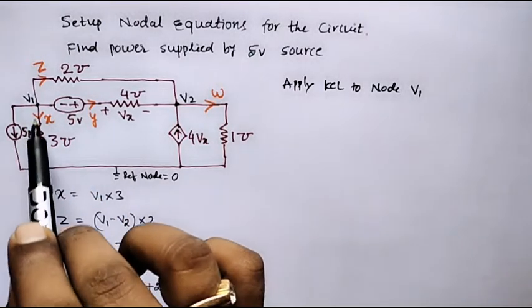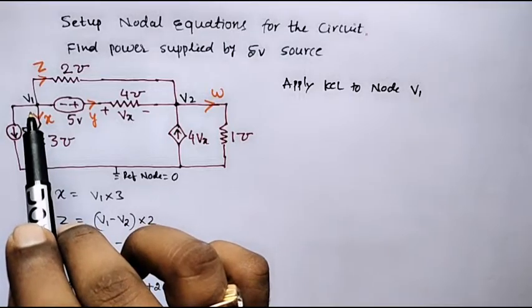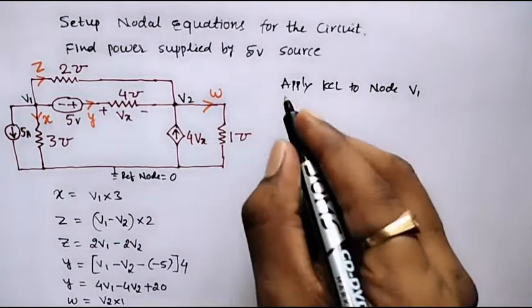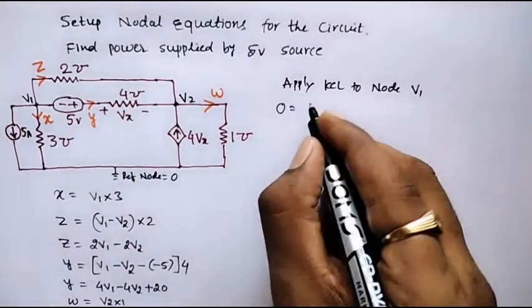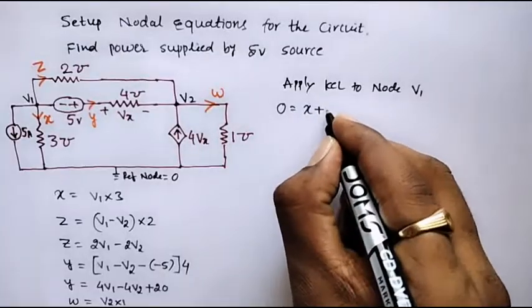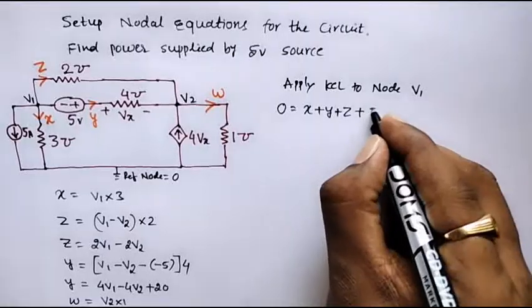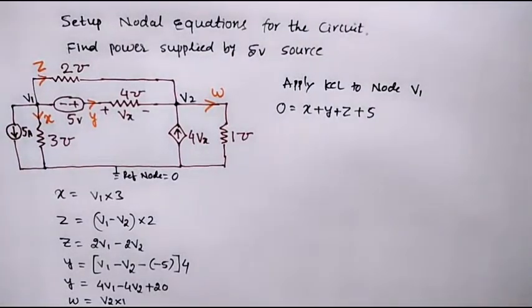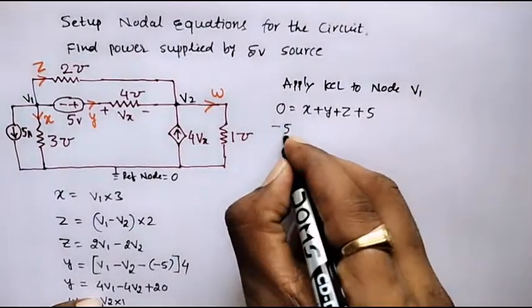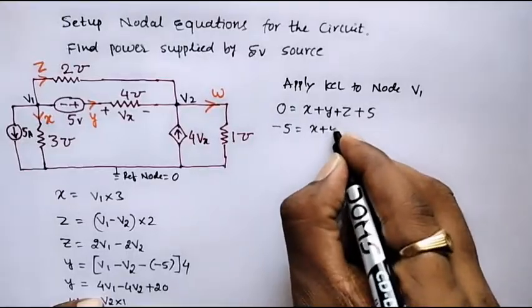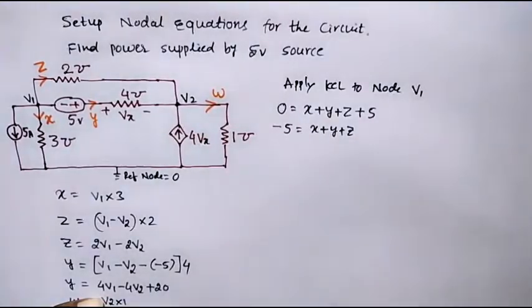So in this node, the incoming current is 0, all currents are outgoing currents. Therefore I can write it as 0 is equal to X plus Y plus Z plus 5, or I can write it as minus 5 is equal to X plus Y plus Z.